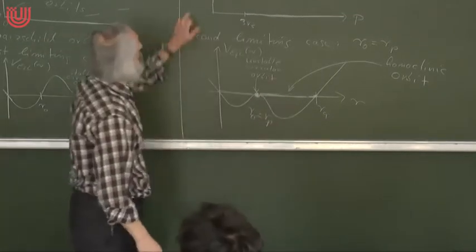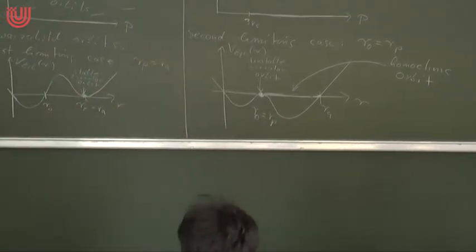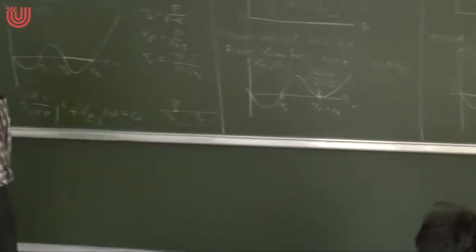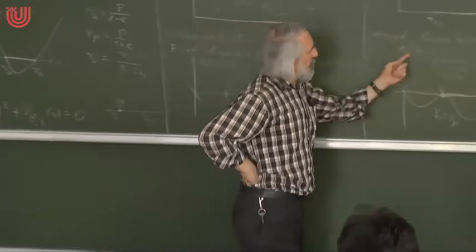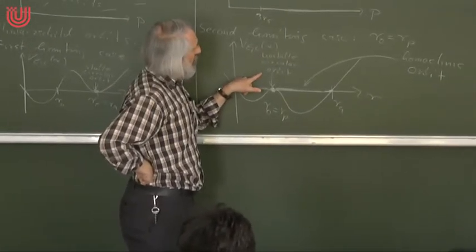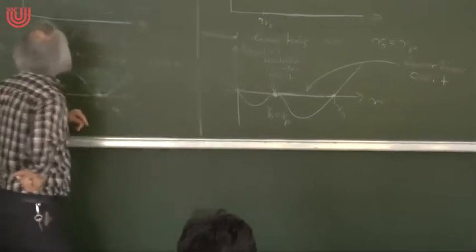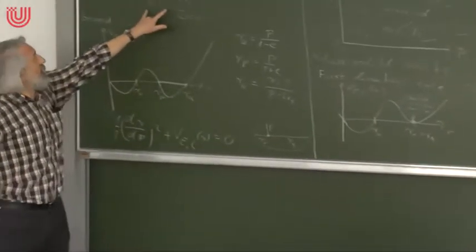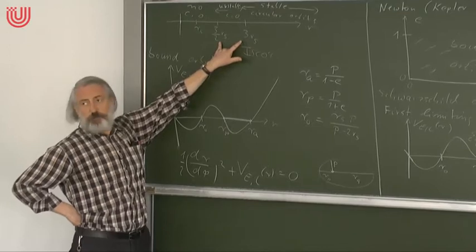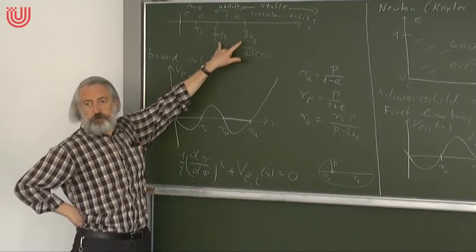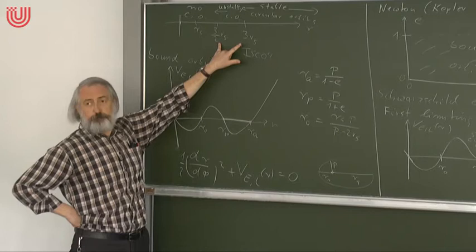That's something which in the Newtonian case doesn't exist. It occurs in the Schwarzschild spacetime for parameters where unstable circular orbits exist. And we know already where this is. This is this region here. So these are the values which are allowed for the limiting circle. So they are close to the horizon.